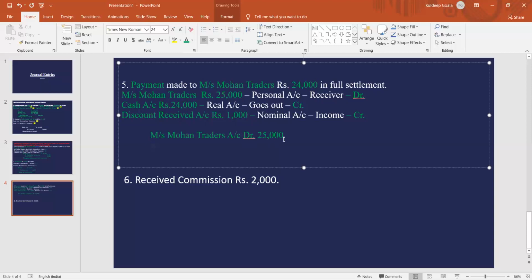So the journal entry will be Messrs. Mohan Traders account debit 25,000 to cash account. How much is the cash account? 24,000.